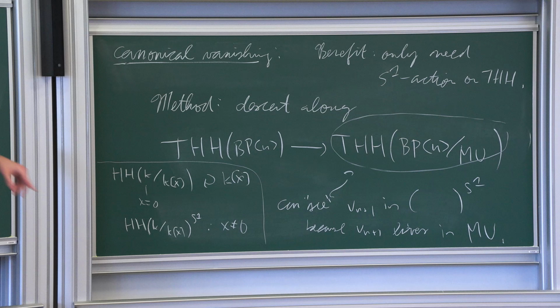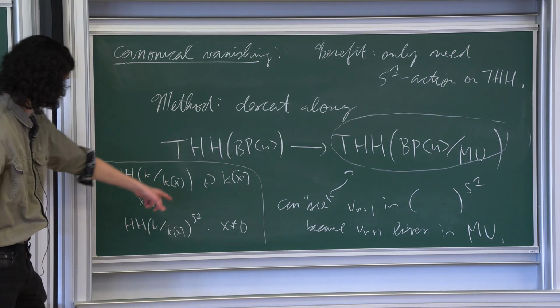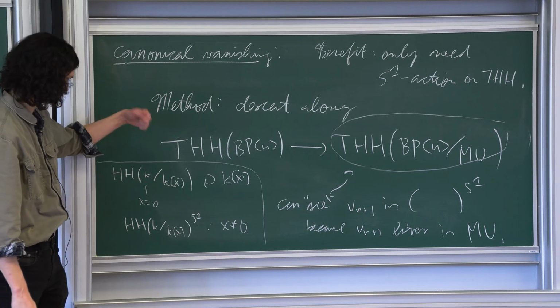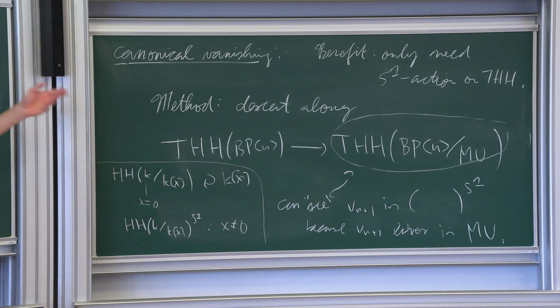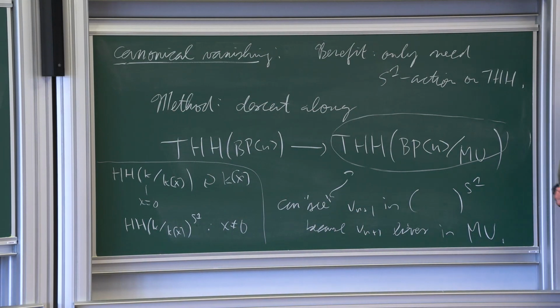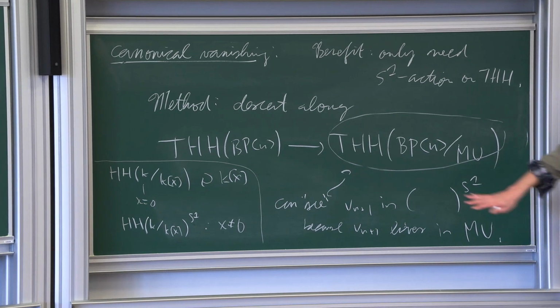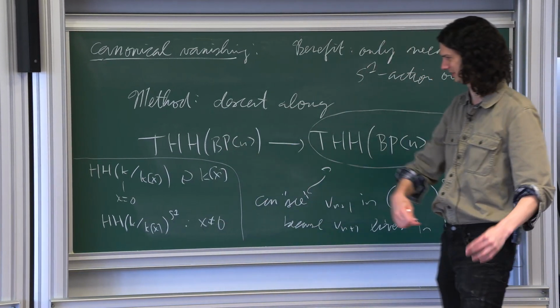In fact, there's a tower for building this up where you use the cellular filtration on BS1 or CP infinity, and you see more: in the second stage, it's X squared that's equal to 0, but X is non-zero. And then finally, X is not important in the full thing. So this is very vaguely an algebraic analog of redshift.